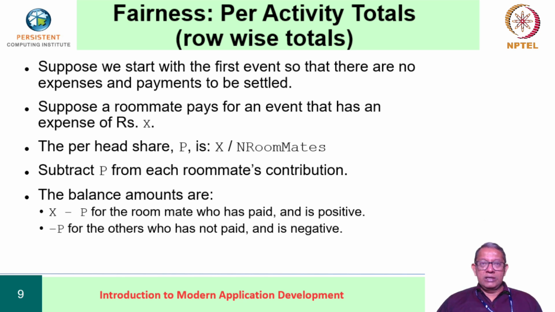It's a simple algebra to see that the sum of X minus P of the contributing roommate and the minus P of the rest of the roommates is 0.